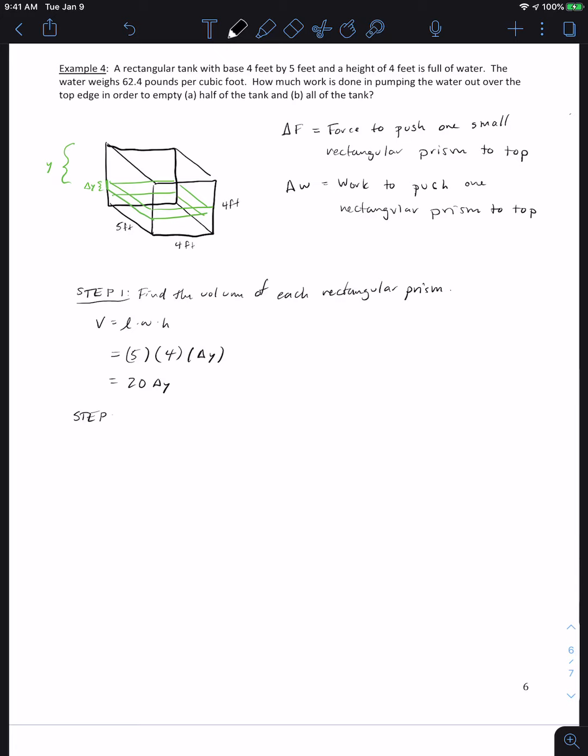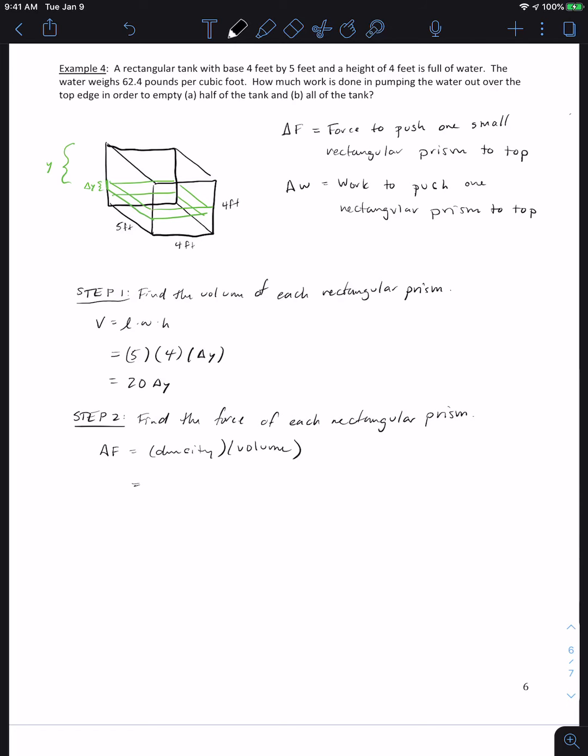So now step 2, we need to find our increment of force. I'm just going to again say find the force of each rectangular prism. And here's where this problem isn't quite as difficult as the last one. So remember, delta force is equal to the density times the volume, right?